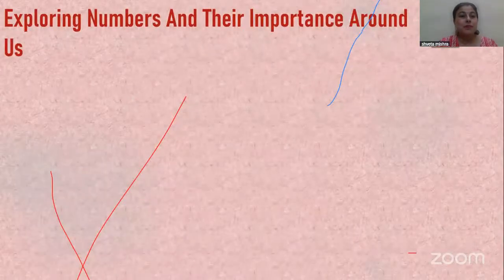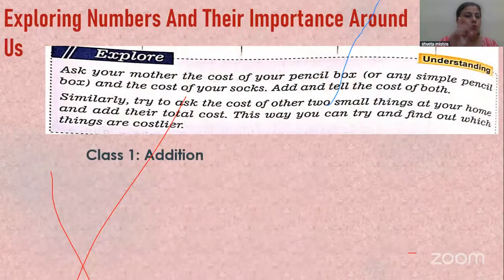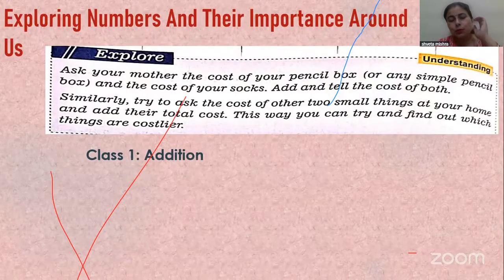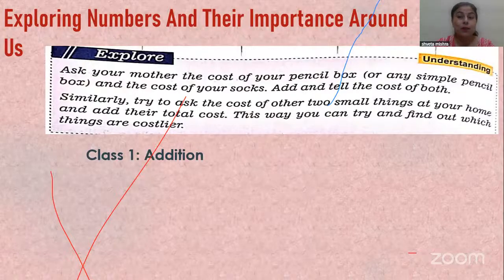Exploring numbers and their importance around us, let us do one of these. Can we do this in class with the children? A very simple one for class 1: ask your mother the cost of your pencil box and the cost of your socks, and add them to tell the cost of both. Can we do this with the children in the class? Yes, definitely.